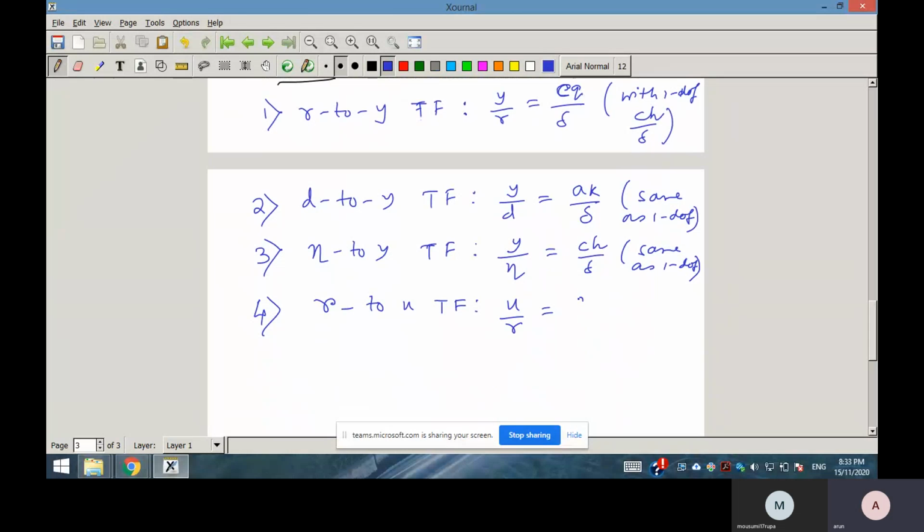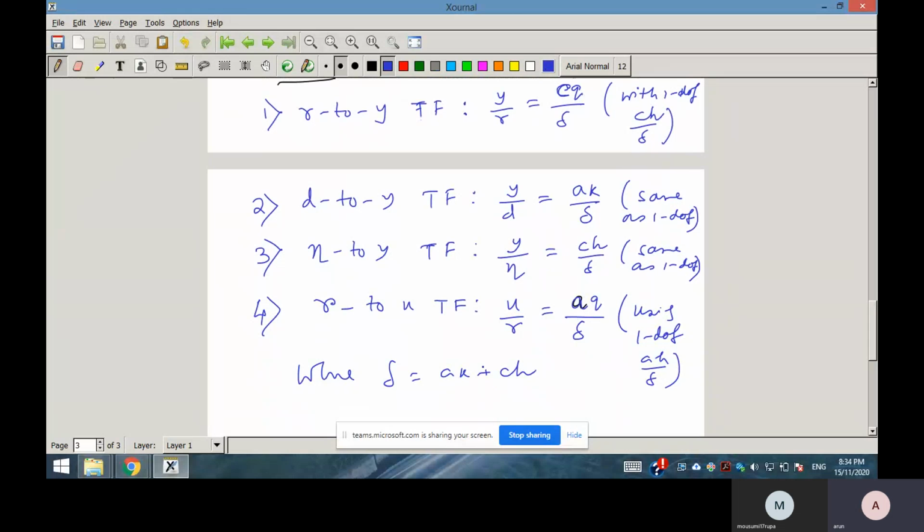U by r transfer function, you can easily verify that it will be AQ by delta. Using 1 degree of freedom, what we got was AH by delta. Where delta is, again I am writing, delta equal to AK plus CH.